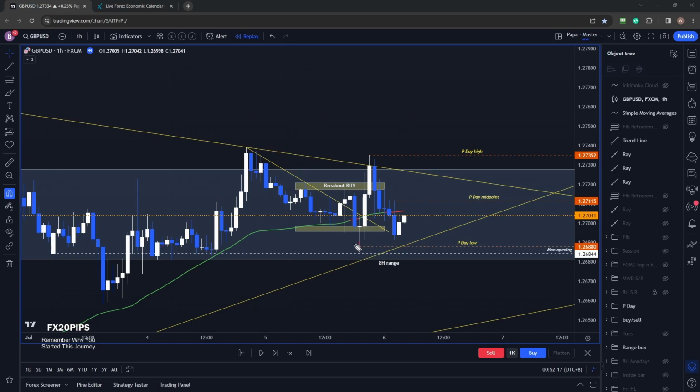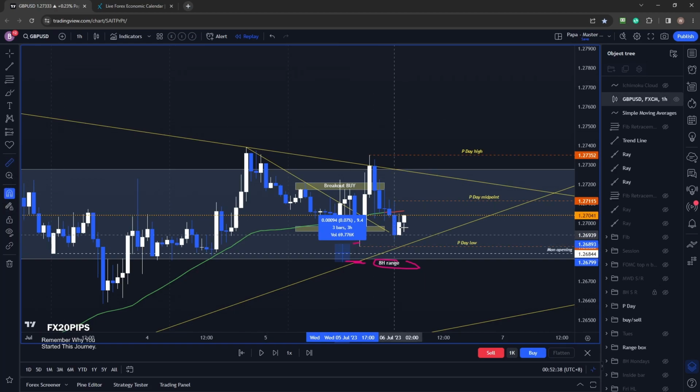Now, if you were to buy here, your stop loss will simply be just below this 8 hours range. That would then give us the stop loss of roughly about here to here, 9.4 pips. What you end up with is about 45 pips maximum.